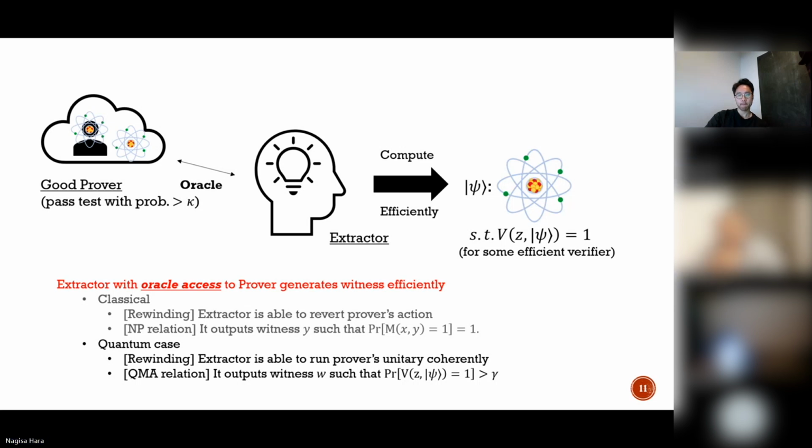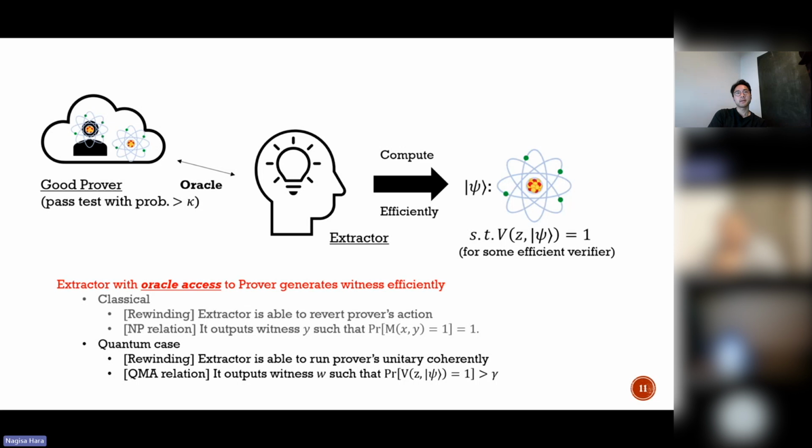Are there examples where it makes a difference? Do we know provably that if you only give access to the unitary but not the inverse, something becomes impossible? I think it depends on the protocol, the proof system that you consider. In this case, we don't really use the complex conjugate of the unitary. We only need the unitary.